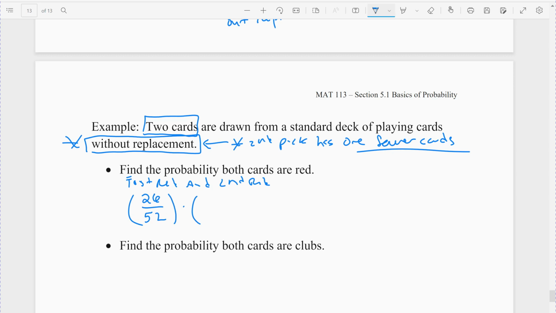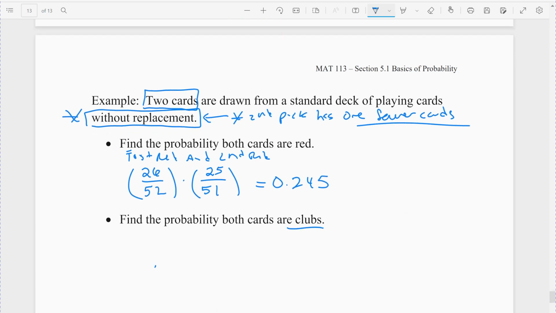I don't put it back in my deck. So now I pick again, but this time I have one fewer red card and one fewer total card. So instead of 26 red, I only have 25, and instead of 52 cards, I only have 51. So the second pick is 25 reds left out of the 51 cards left. And then you multiply that out, and I'm just going to write that as the decimal, 0.245.